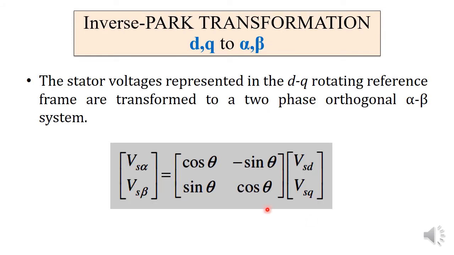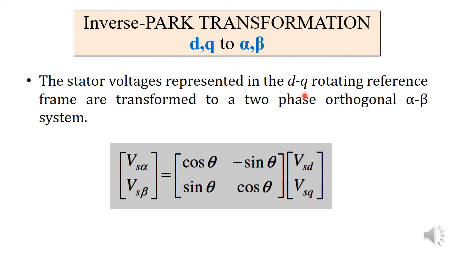like this. The stator voltages represented in the DQ rotating reference frame are transformed to a two-phase orthogonal alpha beta system. So we have to keep in mind that the DQ frame is a rotating reference frame, because the DQ frame rotates along with the rotor flux vector.